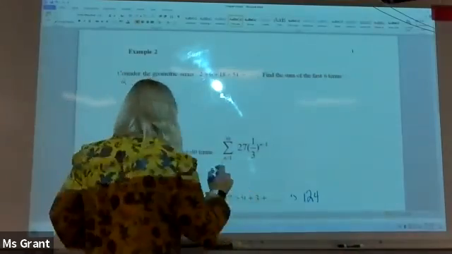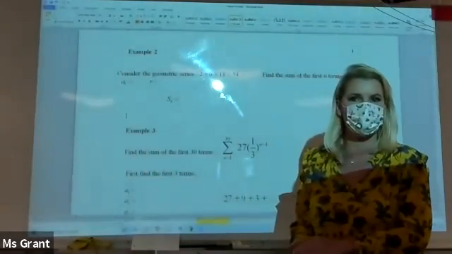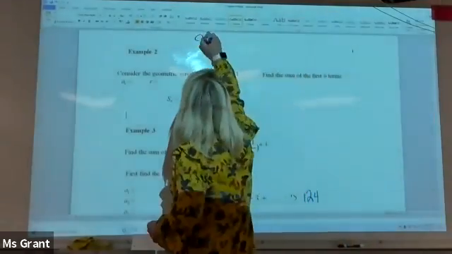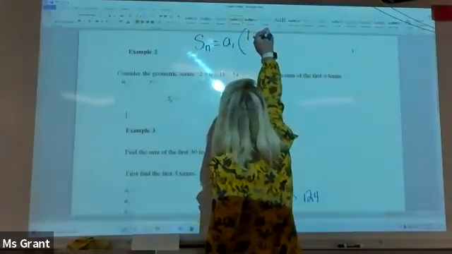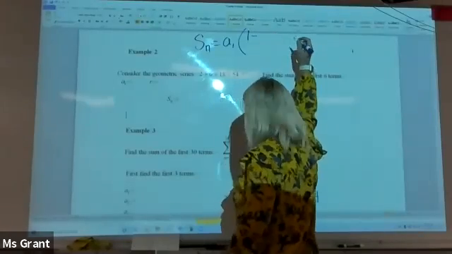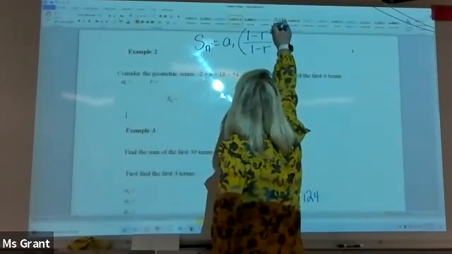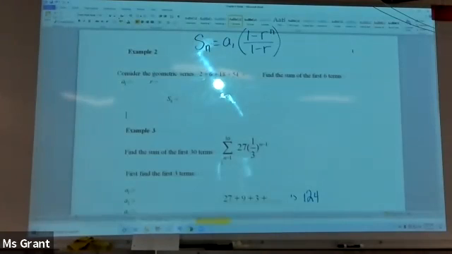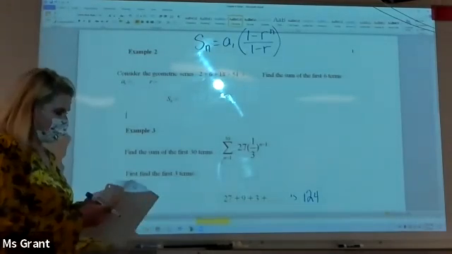Let's write the formula on top, just in case. Or is this on the same page for you guys? Or did you have to turn the page? You have to turn the page. Ready? Sum of the numbers equals a sub 1 times 1 minus r to the n divided by 1 minus r. Okay?